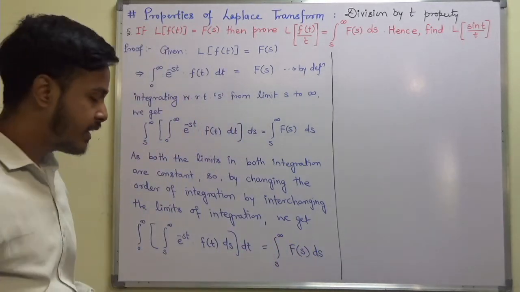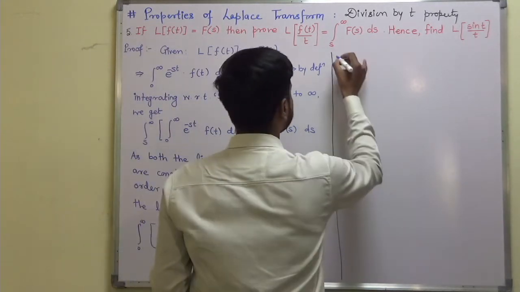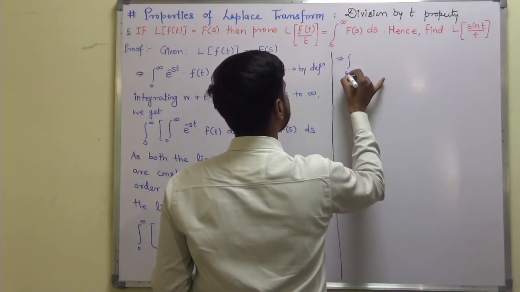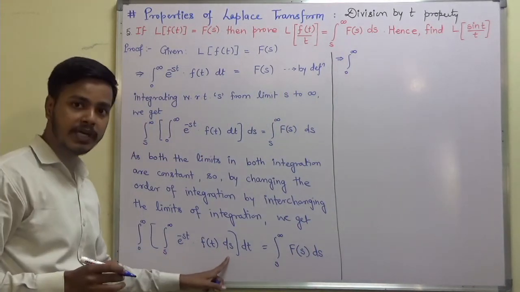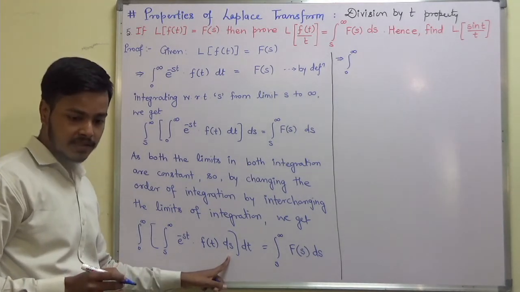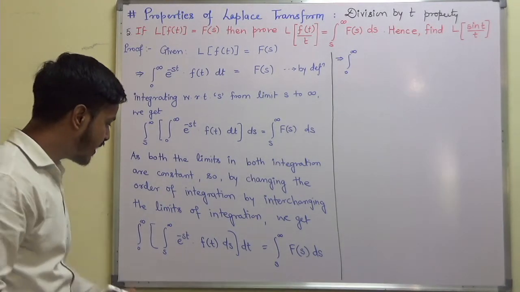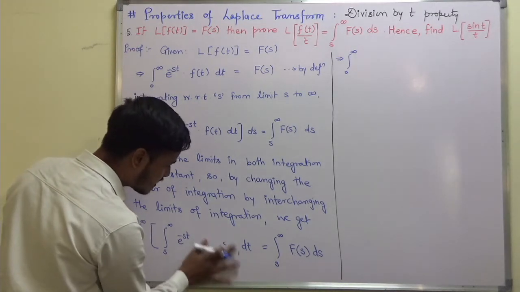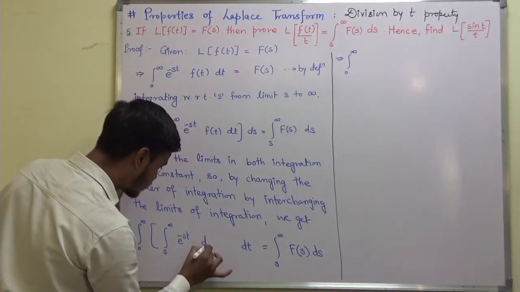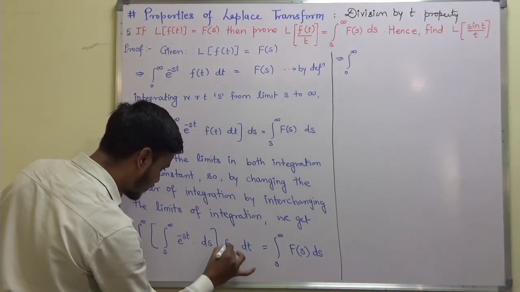Now continuing here, this is integration 0 to infinity. Now this is integration with respect to s, so you can take the function of t outside. You can write it like this also, ds into f of t.